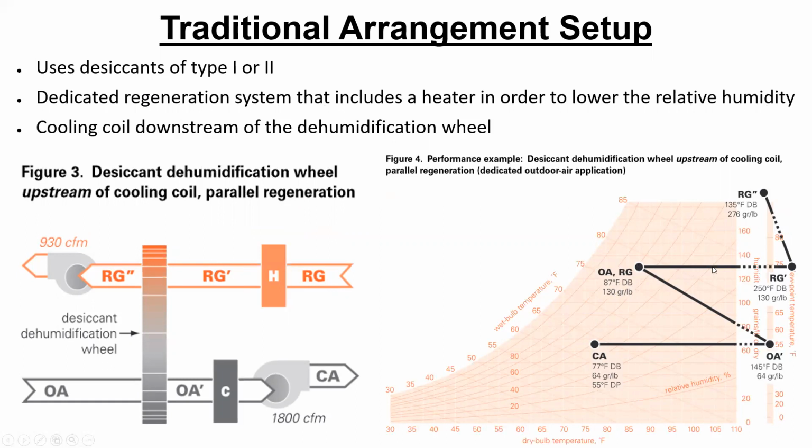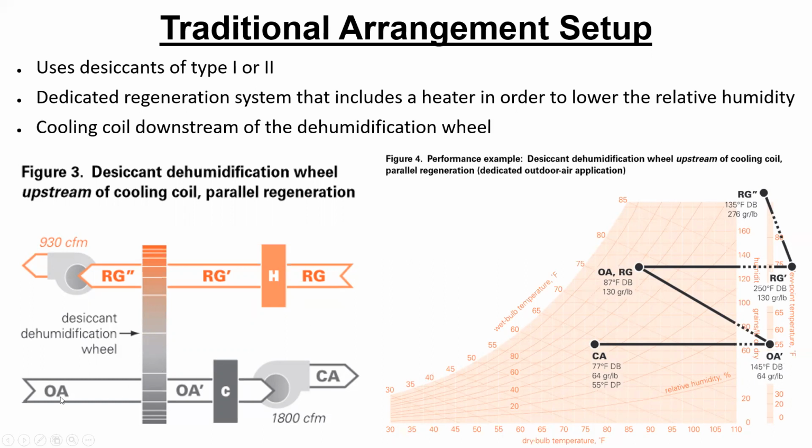You go to the right-hand side because you're adding temperature, but you're not reducing or increasing your moisture content. So your moisture content remains the same, but you're going to RG prime. And you go through the desiccant wheel, which means that you are gaining a lot of moisture from the wheel. So your moisture content goes up and you cool down a little bit because you're going through the wheel. So you're getting the moisture out of the wheel and making the desiccant wheel dry. So you regenerated the wheel.